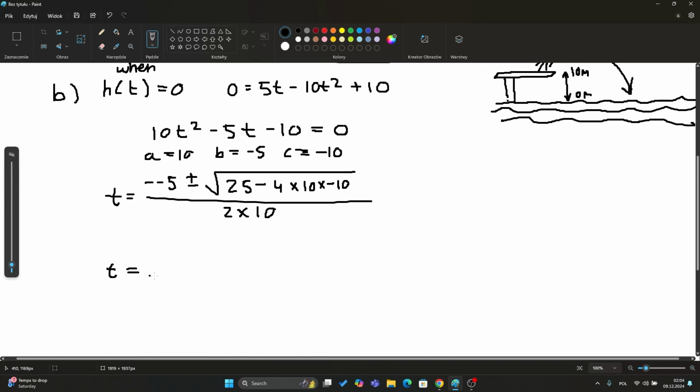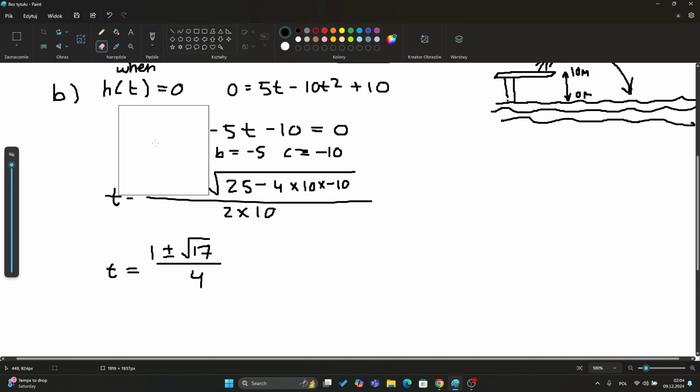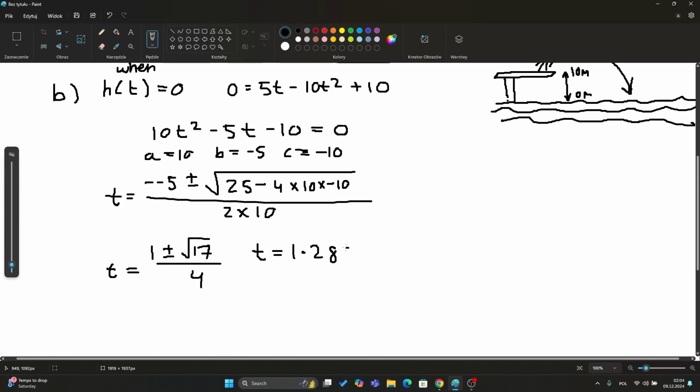So t, using a calculator so that it's quicker, we get 1 plus minus square root 17 over 4. So that means that time is equal to 1.2807 seconds, or time equals negative 0.78 seconds.